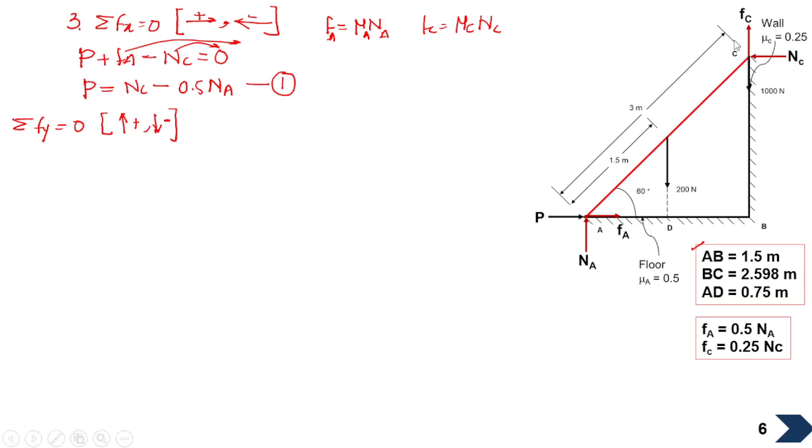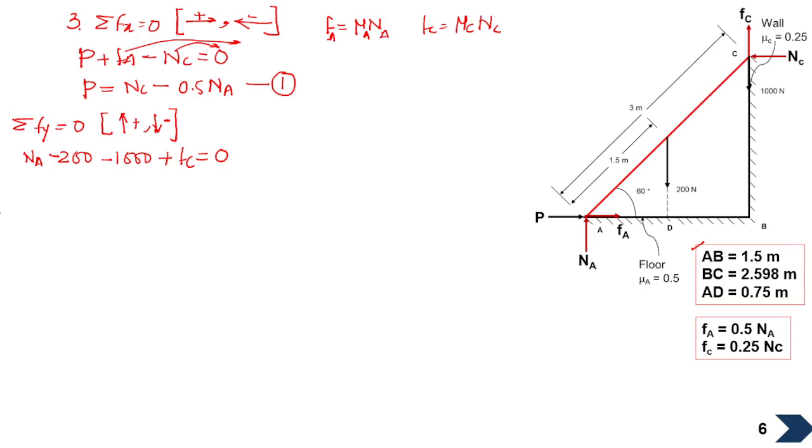Okay, so based on the sign of convention we'll just write it over here. So Na will be positive acting upward, and 200 will be negative acting downward, 1000 again will be negative acting downward, and Fc will be positive acting upward, and this total will be equals to 0.